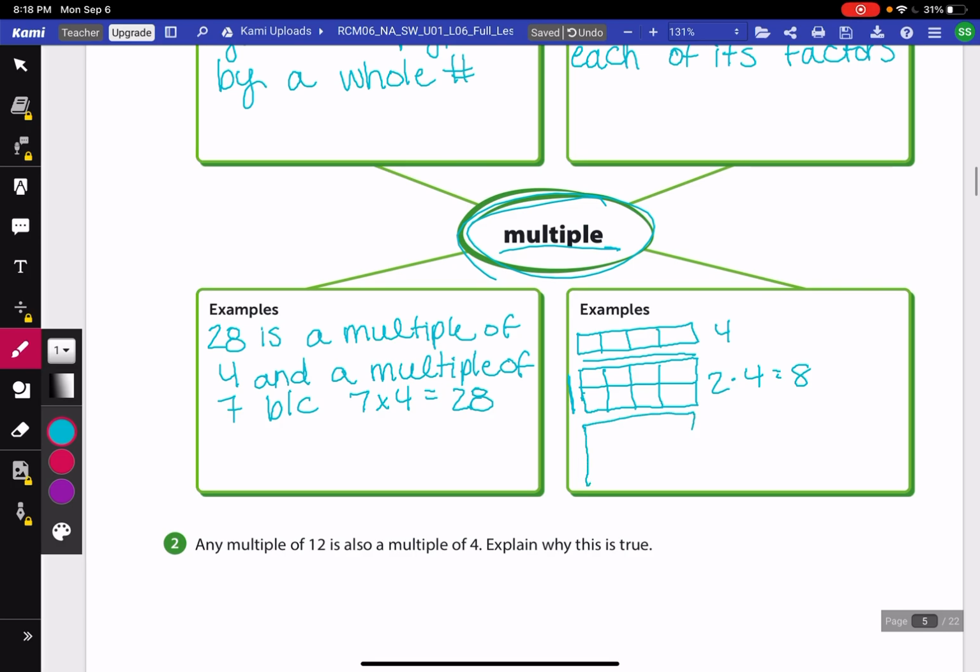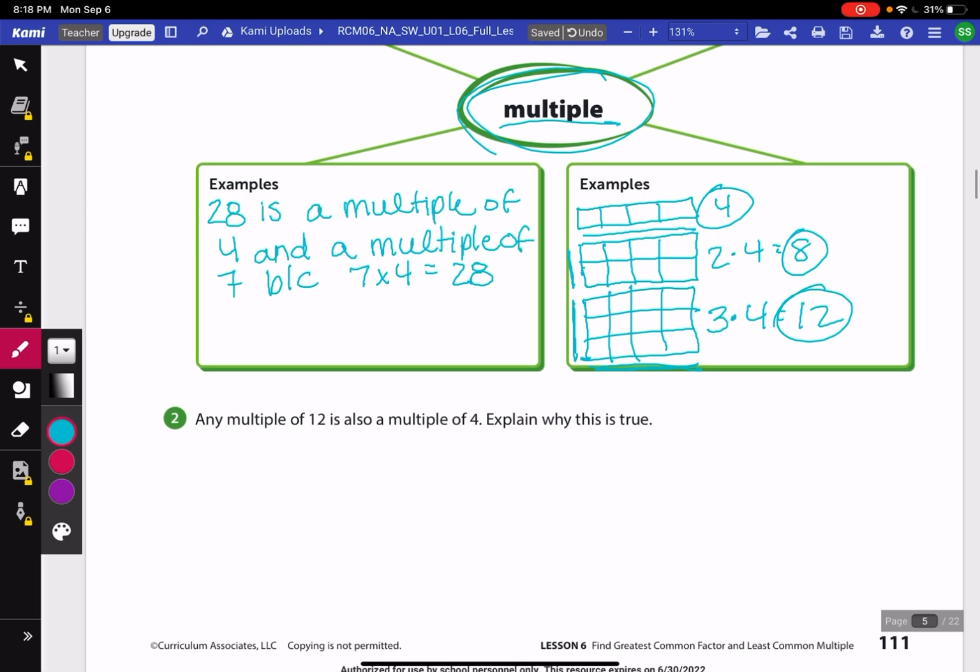And then we have a 3 by 4, or 3 times 4, and we know that equals 12. So 4, 8, and 12 are all multiples. Looking at number 2, any multiple of 12 is also a multiple of 4. Explain why this is true.